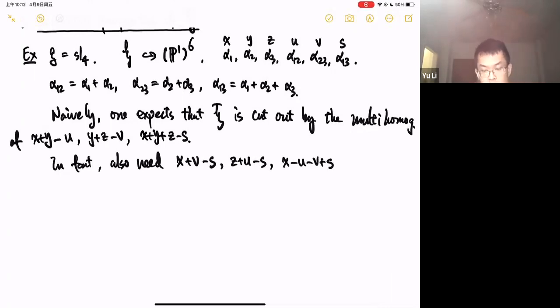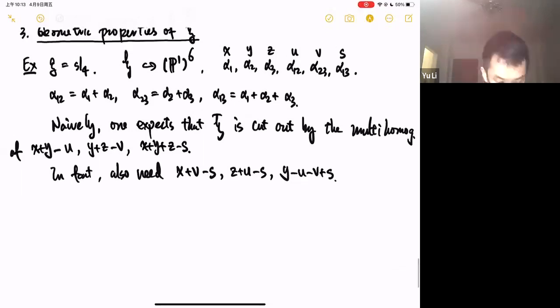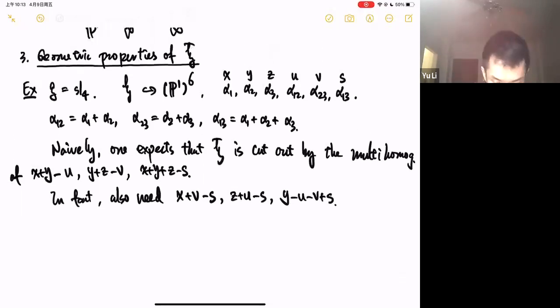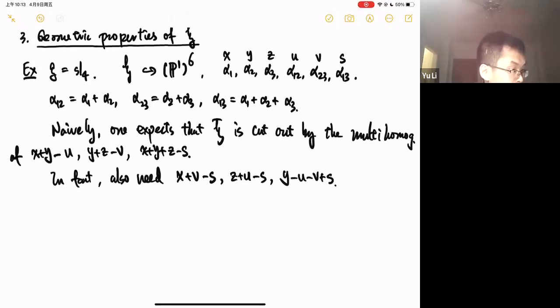This is because alpha 1 plus alpha 1,3 is alpha 1,2 plus alpha 2,3. Oh, sorry, not x, but y. Okay, so this example shows that the question of writing down generators of the defining ideal of H bar is not as trivial as one thought.